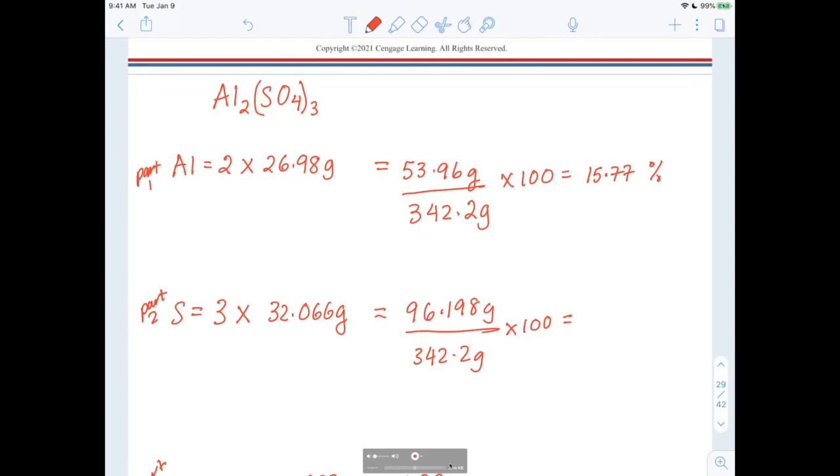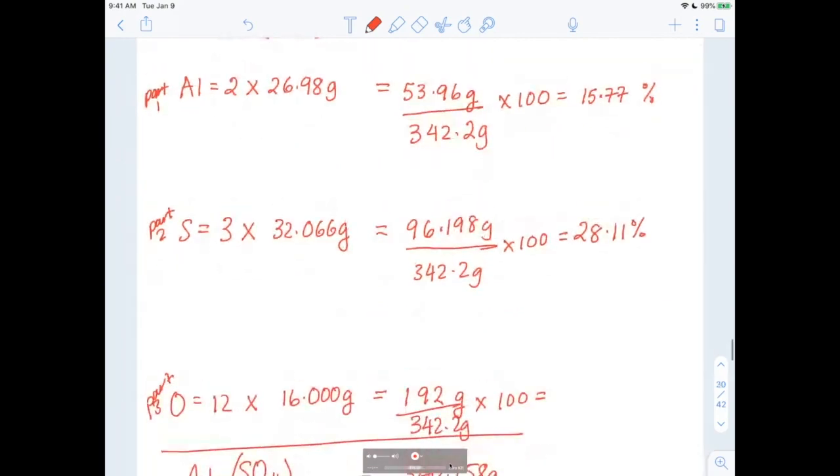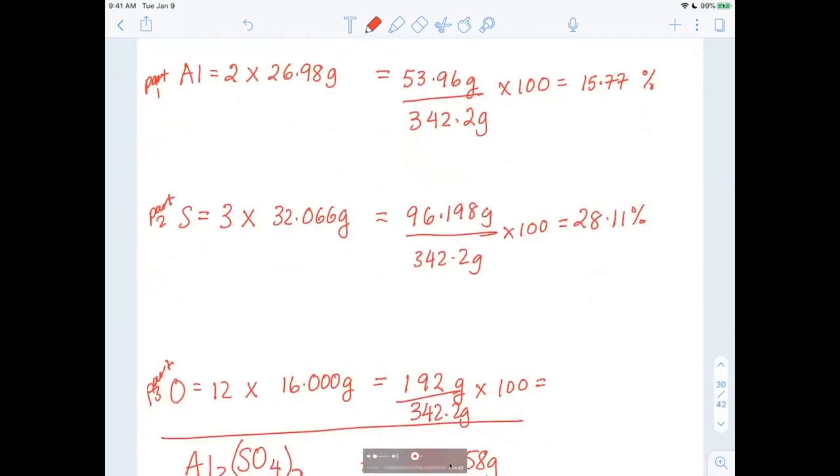Okay. 28.11%. Okay. And then down here, let's see, 192 divided by 342.2 times 100.